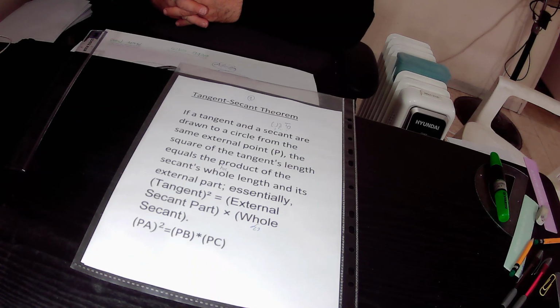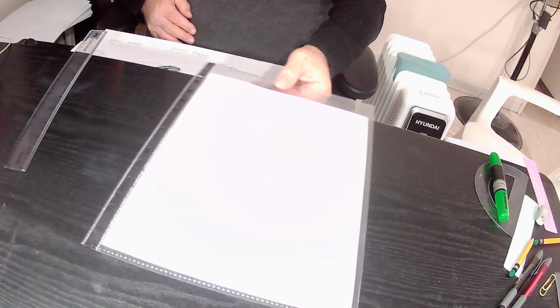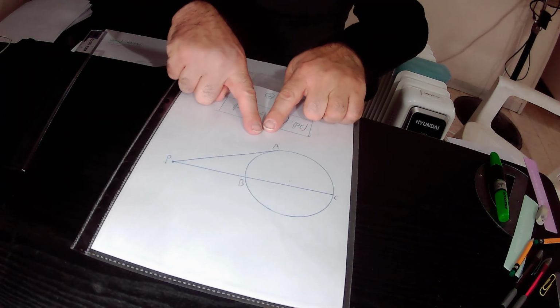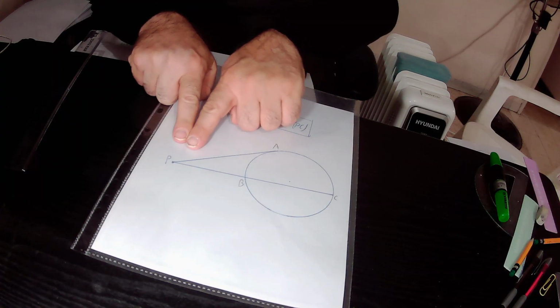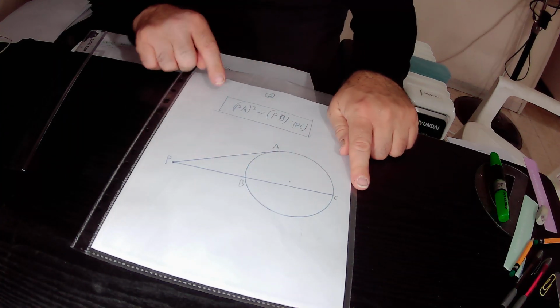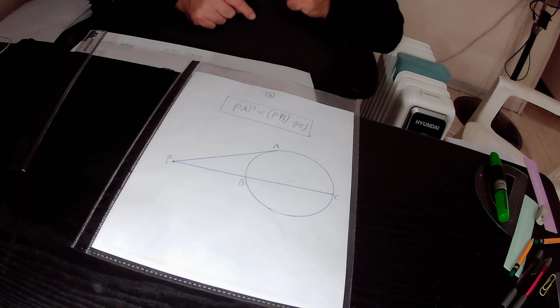Essentially, tangent squared equals the product of the external secant part times the whole secant. Again, PA squared, the length of the tangent squared, equals PB times PC.